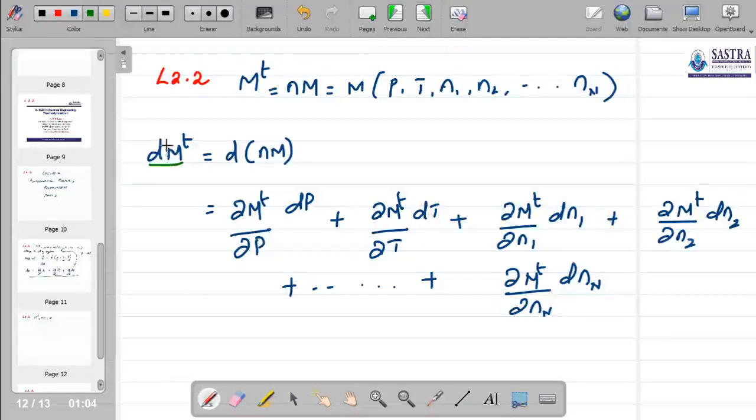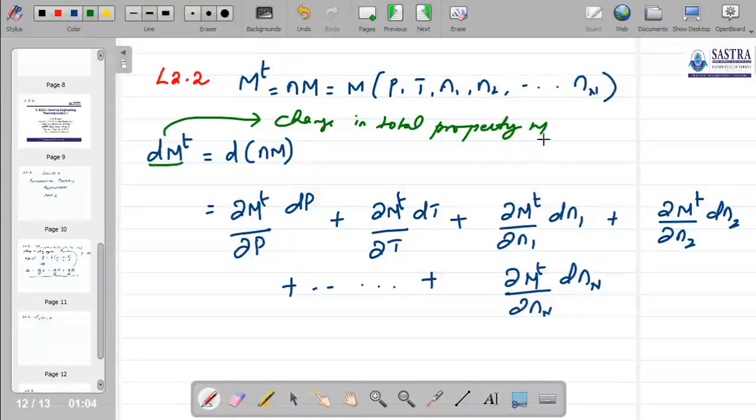This primarily denotes the change in the total property M. The total property here we have written as M, but it could be enthalpy, entropy, volume, internal energy, the Helmholtz free energy or the Gibbs free energy. So, this M could take any of those. This is the total change in the total property of the system.